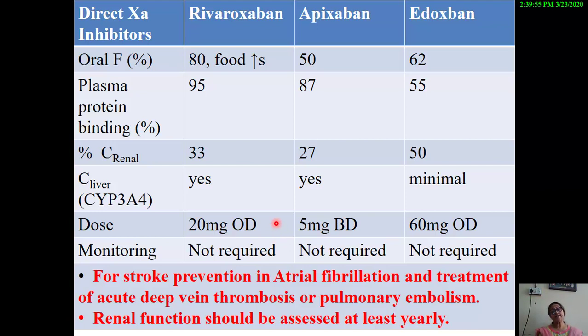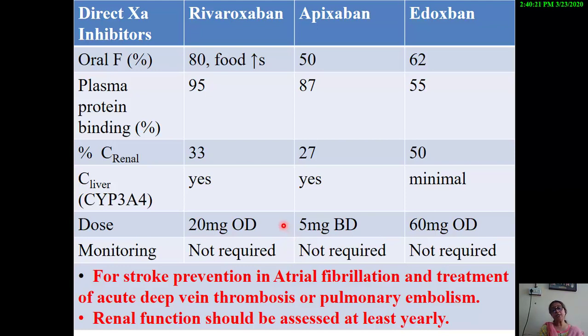As far as the uses of these compounds are concerned, they are used for prevention of stroke in patients with atrial fibrillation, and are also recommended for treatment of acute deep vein thrombosis or pulmonary embolism, and also indicated for the secondary prophylaxis of deep vein thrombosis and pulmonary embolism.